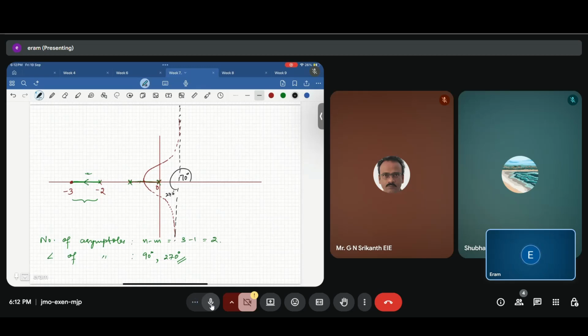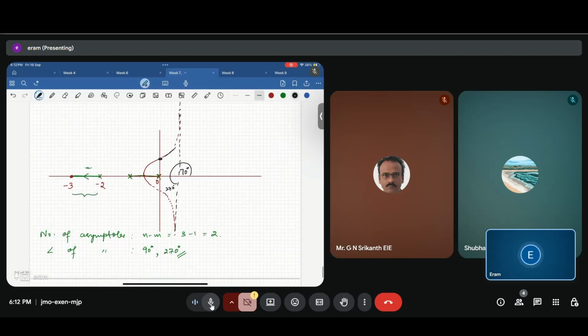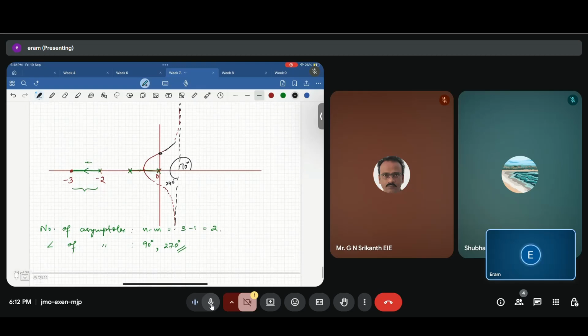If that is the case, then the root locus will intersect the imaginary axis and go to the RHP. Okay, so by calculating only the angle of asymptotes, we cannot conclude that our root locus will never go to the RHP. So one thing that we need to calculate is the point at which the root locus intersects the imaginary axis. Then we will see how our root locus will behave.